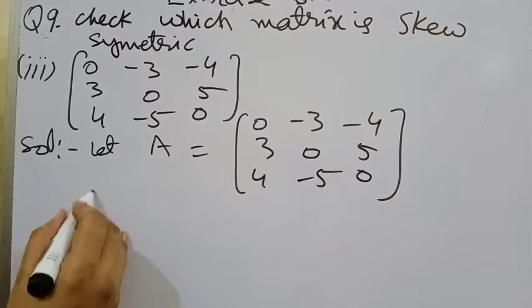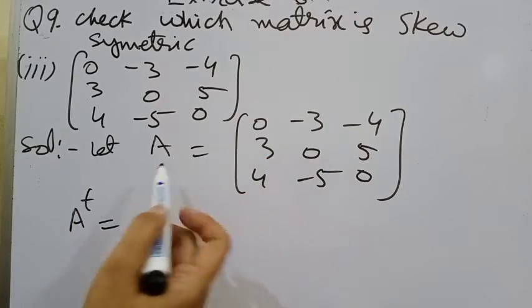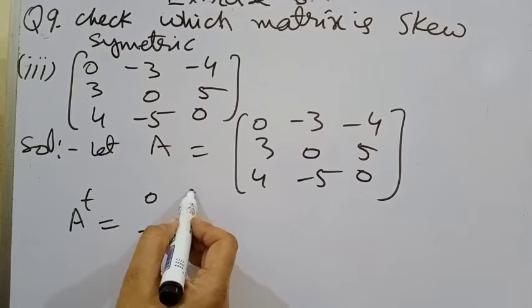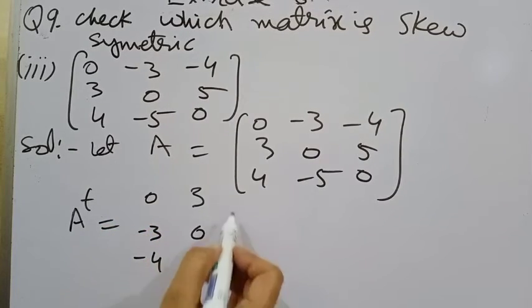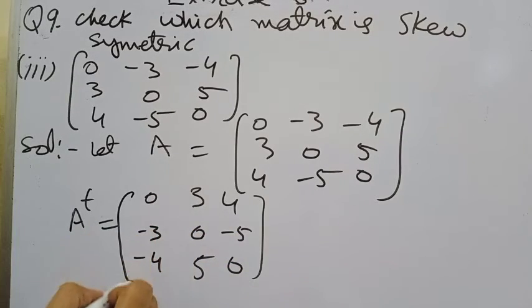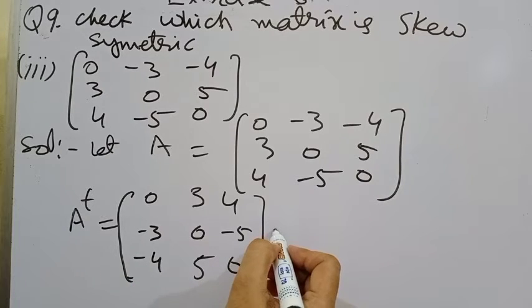We take its transpose. All rows convert into columns: 0, minus 3, minus 4 and 3, 0, 5, 4, minus 5 and 0.